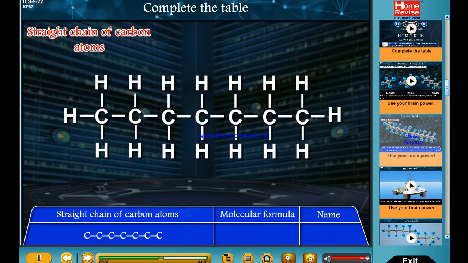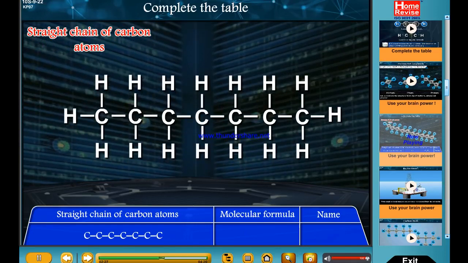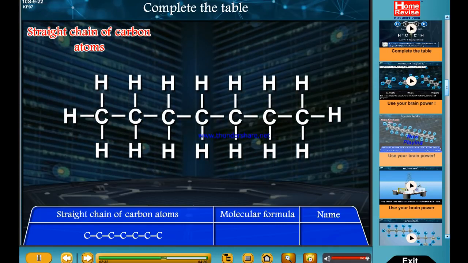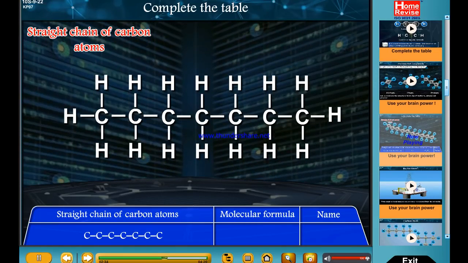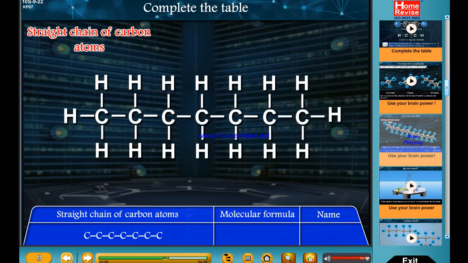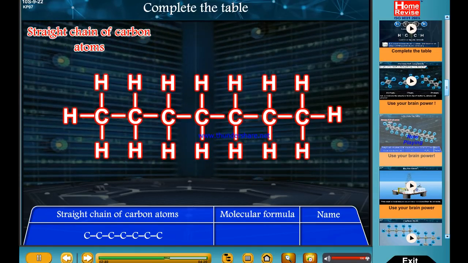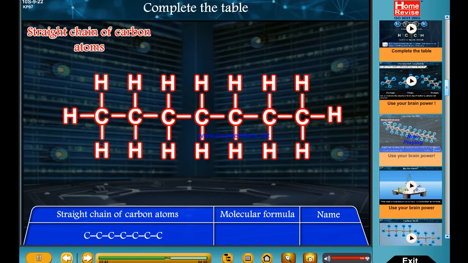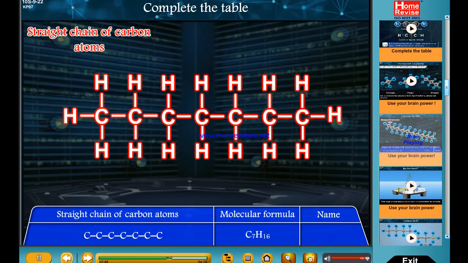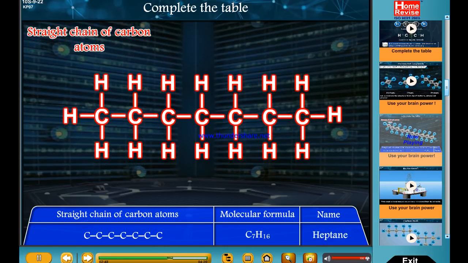Straight chain of carbon atoms with seven carbons, each joined by single bonds. This is the structural formula. Molecular formula is C7H16. Name is heptane.